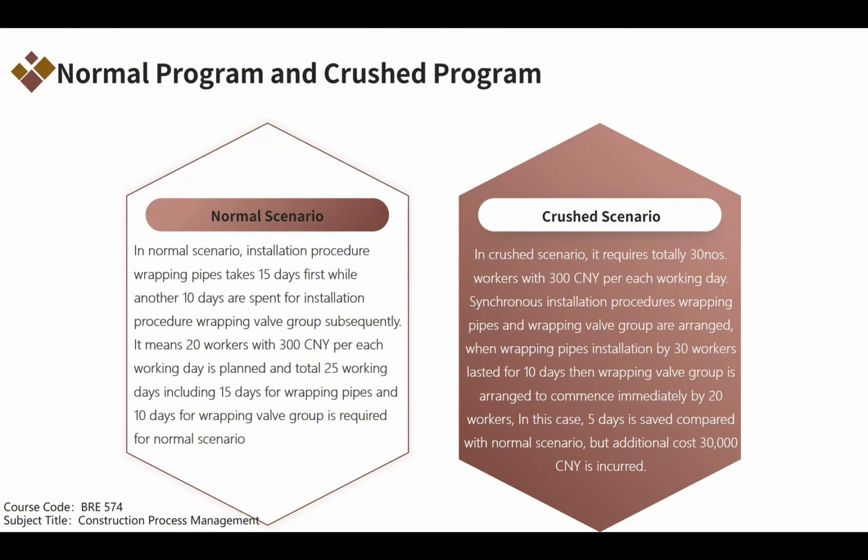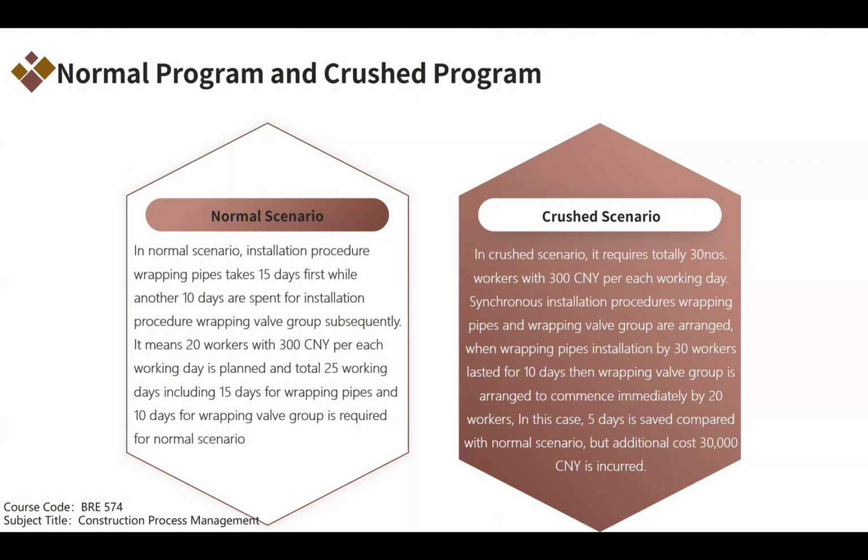It means 20 workers at 300 CNY per working day are planned, and a total of 25 working days, including 15 days for wrapping pipes and 10 days for wrapping the valve group, are required for the normal scenario.